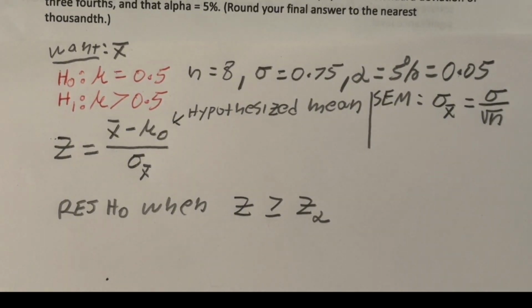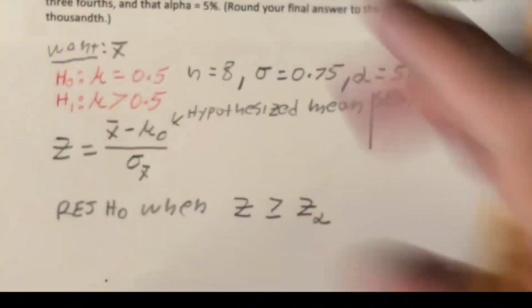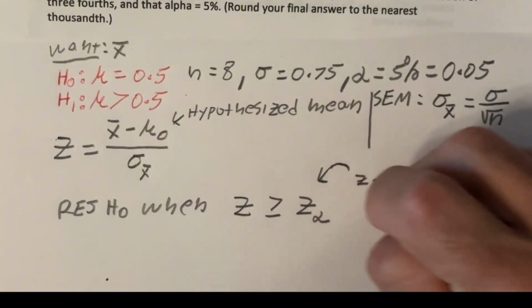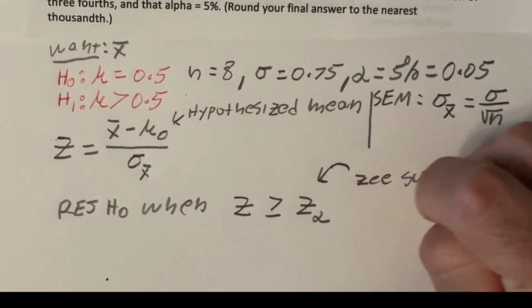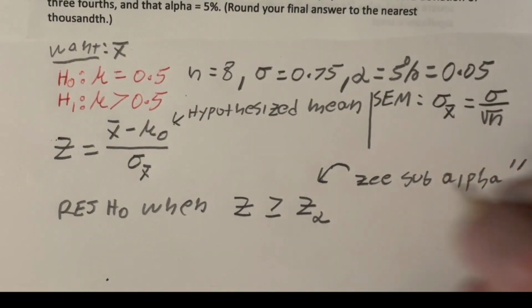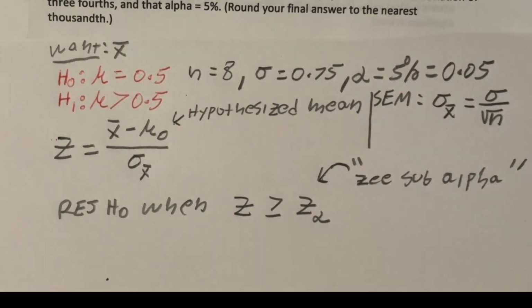Now, this is read z sub alpha. I'll write ZEE sub alpha, and I'll put it in quotes because this is how it's read.